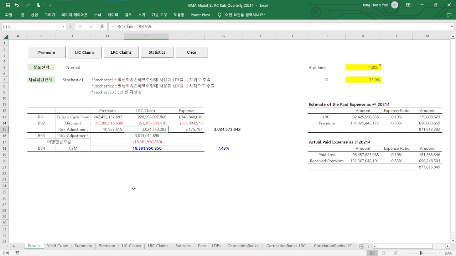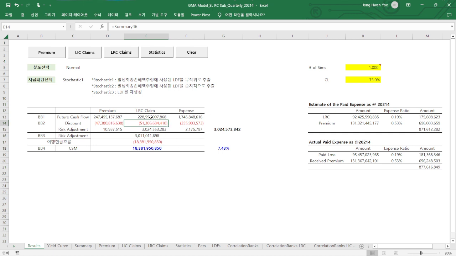For today's video, I just showed you how I can come up with the future cash outflow, which is a claim outgo in terms of building block one. And I also apply the discount rate to come up with the building block two. That is the adjusted amount reflecting the time value of money and financial risk based on the unbiased estimate.